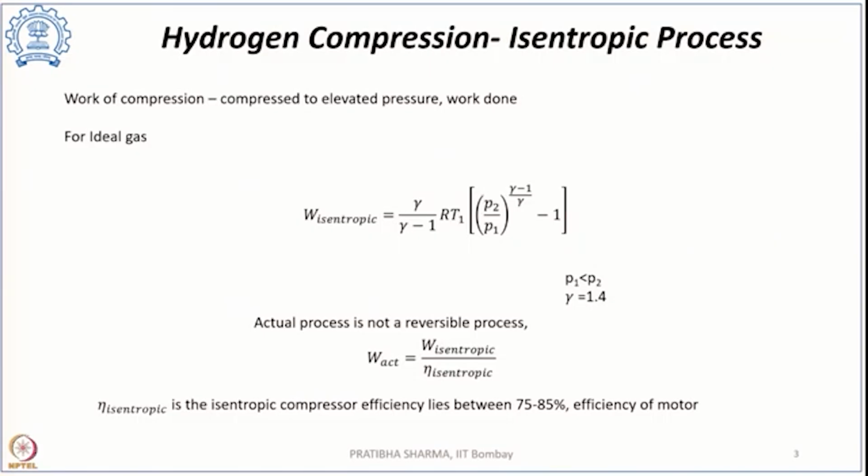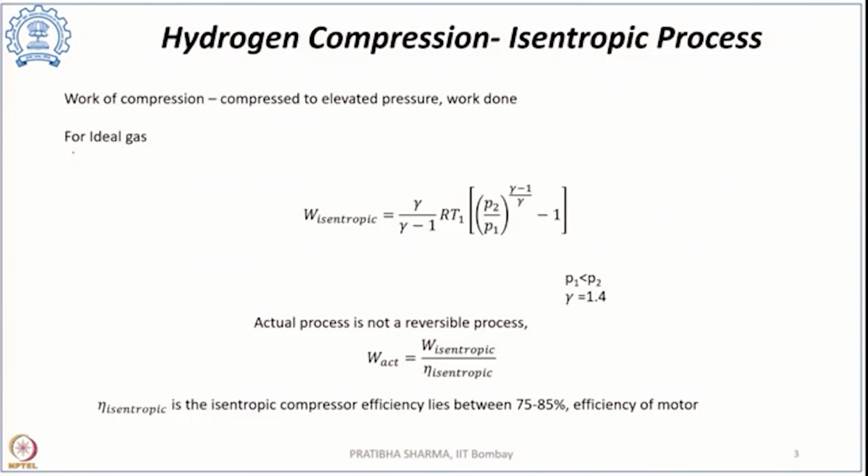Now, let us first consider the hydrogen compression process to be an isentropic process. As mentioned, it is very difficult to find out what the actual process would approximate to. However, it can be modeled as an isentropic process, where, when the compression is done to an elevated pressure, we can calculate the work of compression.